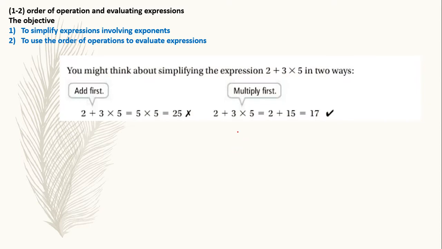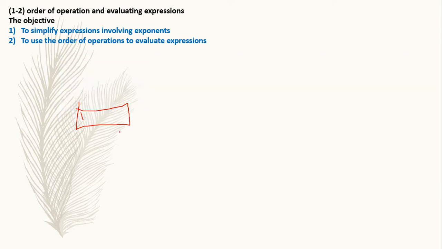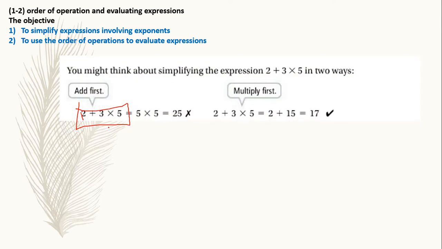Now, here we have the order of operation. If you have any numerical expression like this, then you need to follow the order of operation. I will give it to you in the next slide, but before that, let's see this example. 2 plus 3 times 5.